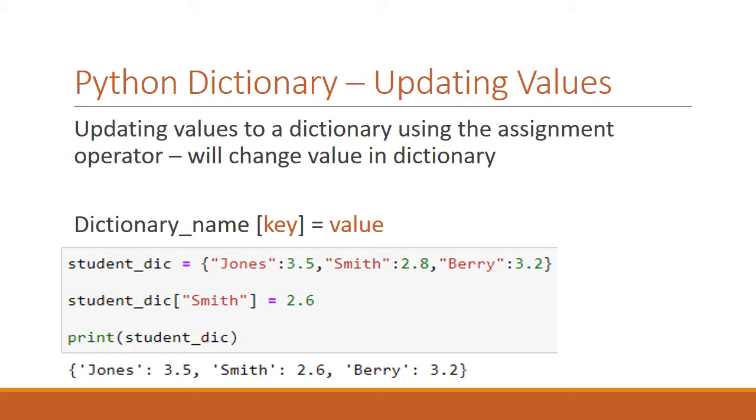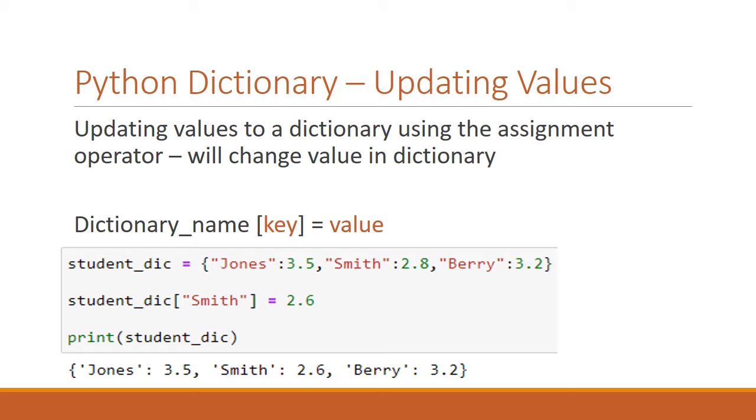So in our example, we have in our dictionary the item Smith with a grade point average of 2.8. We want to update his grade point average to 2.6. To do that, we use the assignment statement. We say student_dic, square bracket, Smith is assigned 2.6.